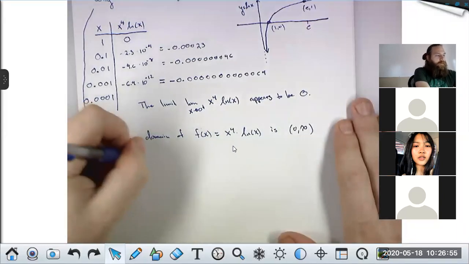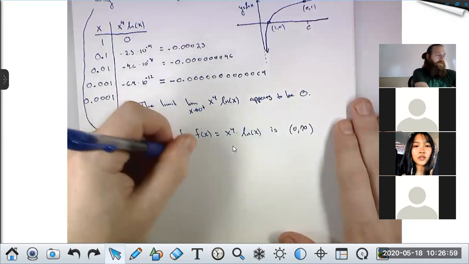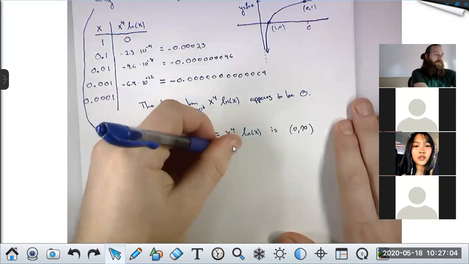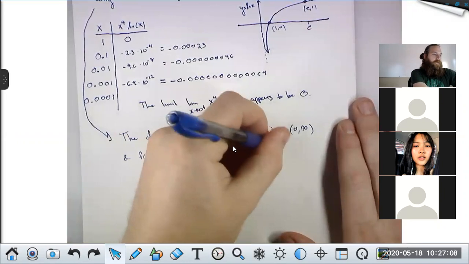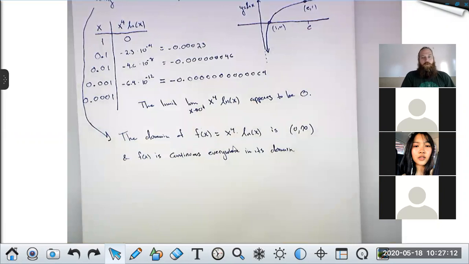And f of x is continuous everywhere in its domain. So if I wanted to take the limit as x approaches 1 or 2 or 5 or 10 or e for this function, I could just plug that number in. That wouldn't be too exciting. There's nothing hard to do there. So the only number that is interesting to investigate using a limit for this function is 0.